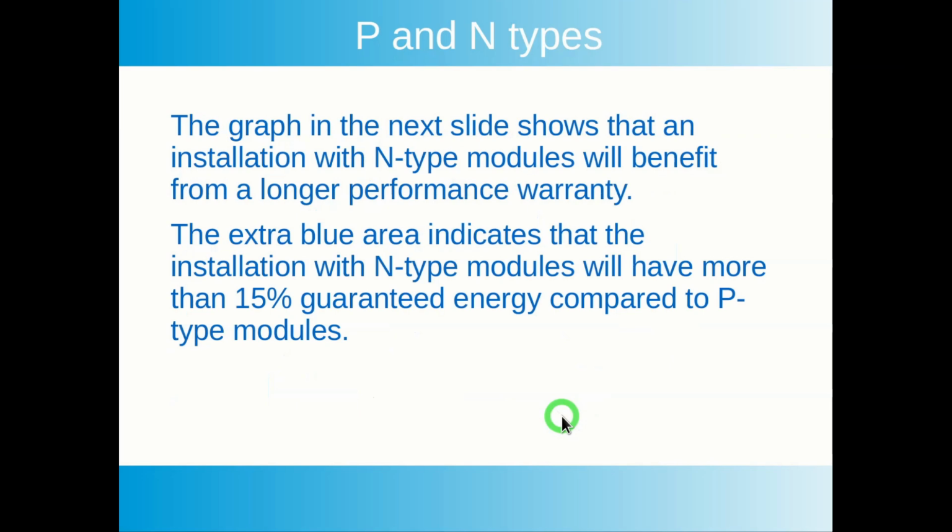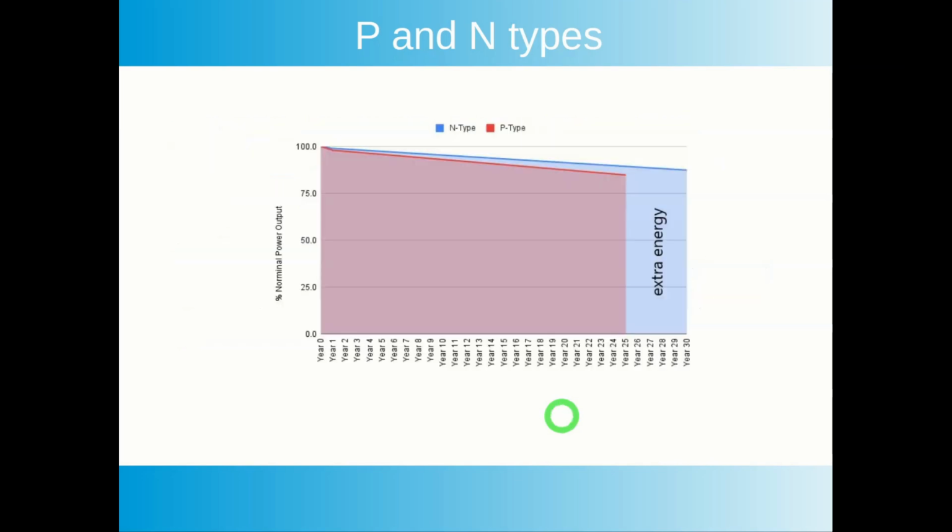The graph shows the benefit of N-type when it comes to long-term guarantees and energy production. So you notice that the red-colored P-type will degrade faster, and the warranty is for 25 years, and the N-type has a warranty of up to 30 years.